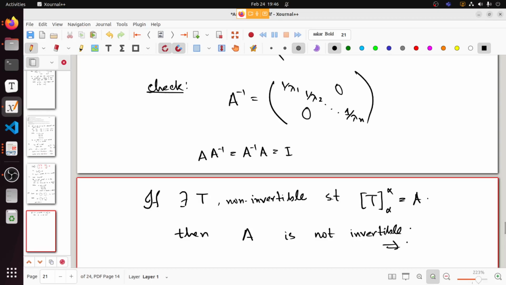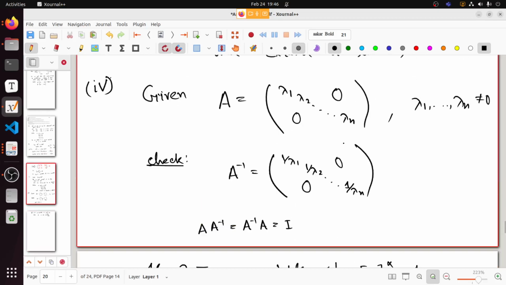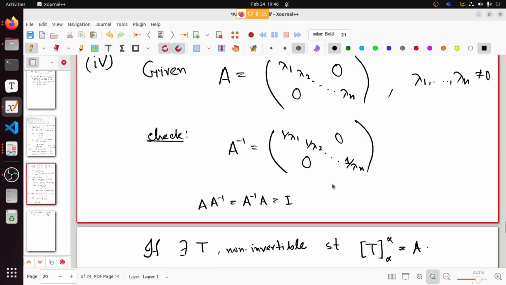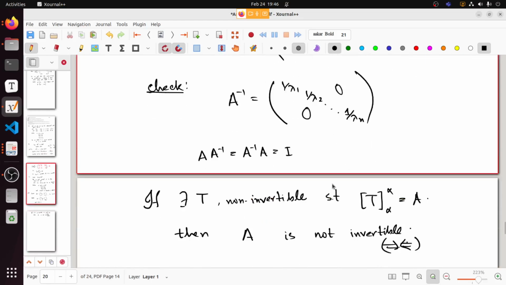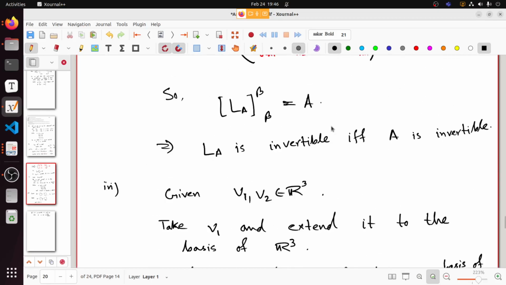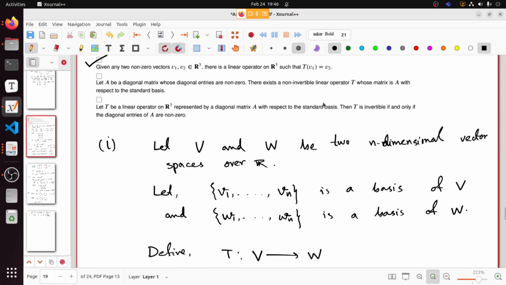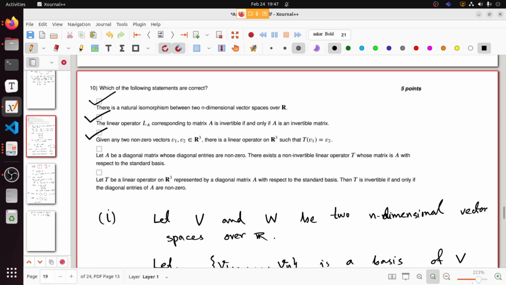Which is a contradiction, because A is invertible. We have shown that A inverse is this. So there does not exist any non-invertible linear map whose matrix is A. So option number 4 is false. There does not exist a linear map like that whose matrix is A, right?